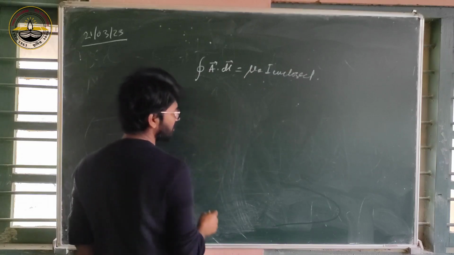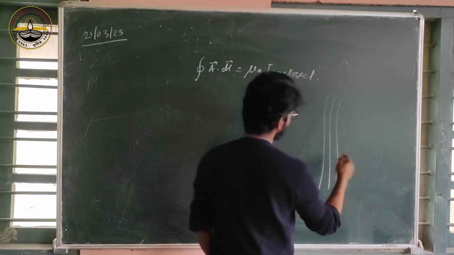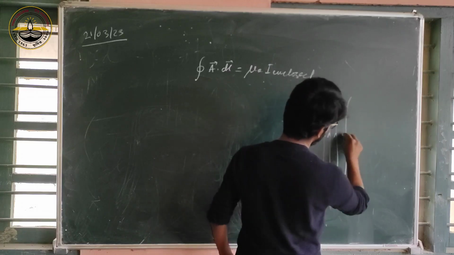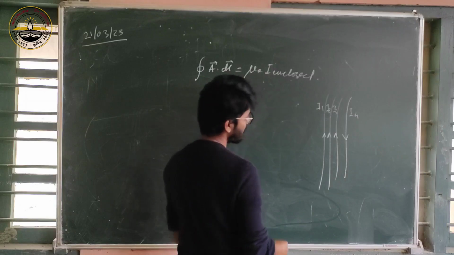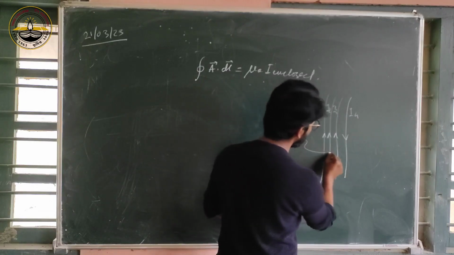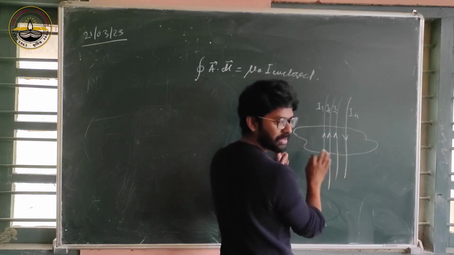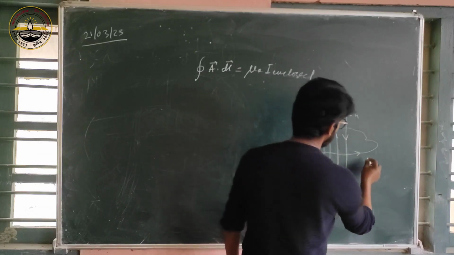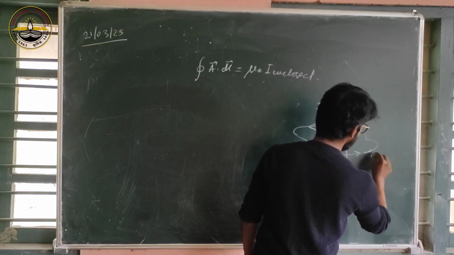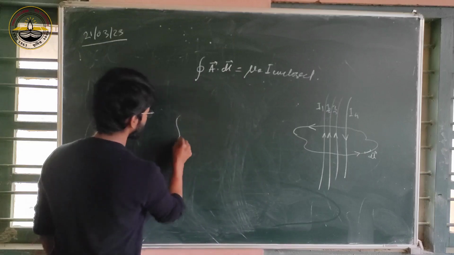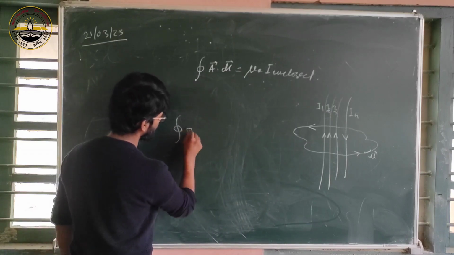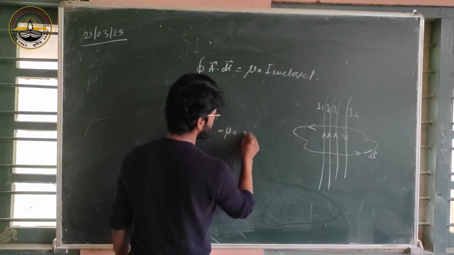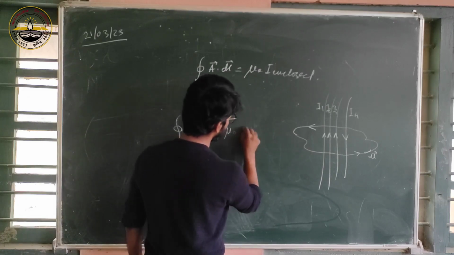If you have any number of currents, let's say some I1, I2, I3, some going in the opposite direction, I4, anything in an area, and you take an imaginary loop around it of any shape, with an infinitesimal element, let's say dl, then the line integral of the magnetic field around this loop is equal to mu naught times the total current enclosed.